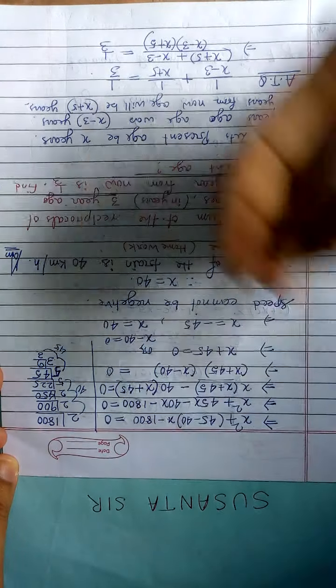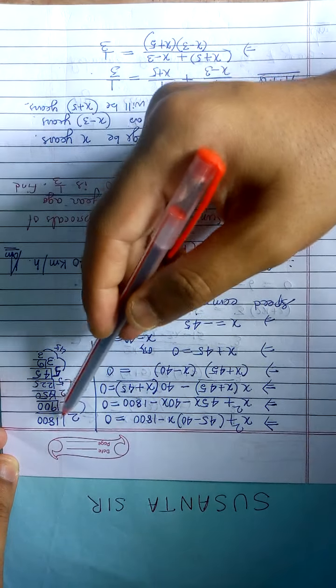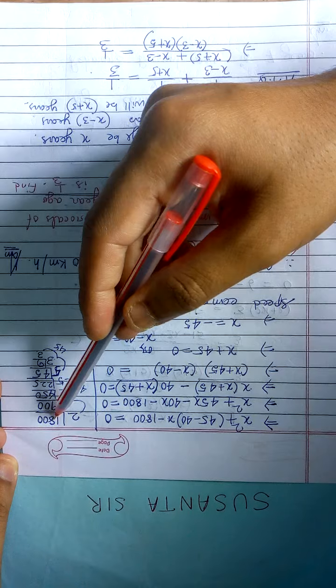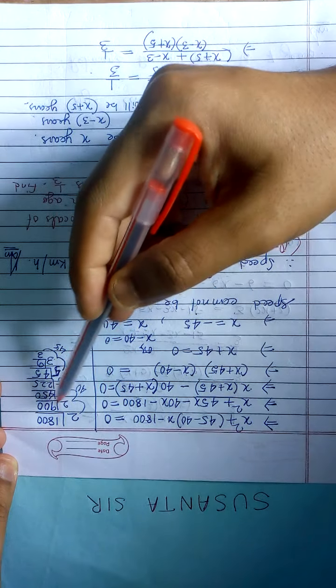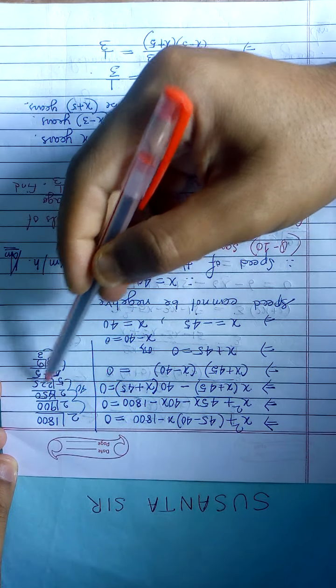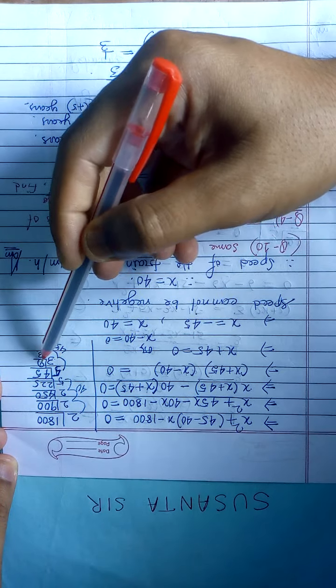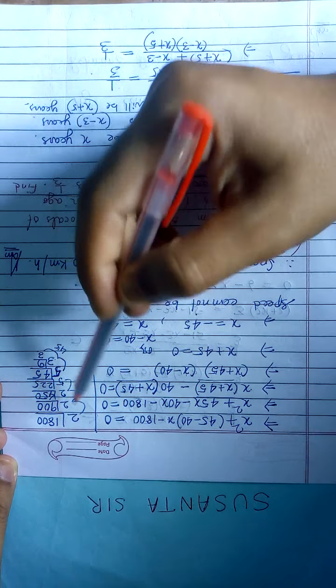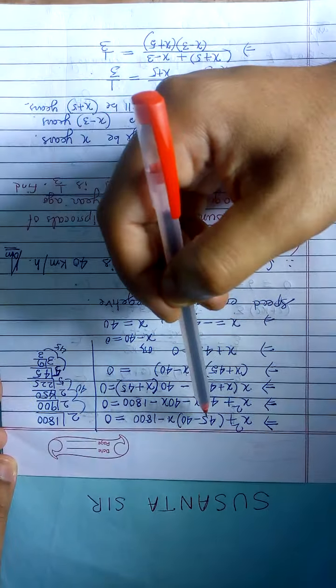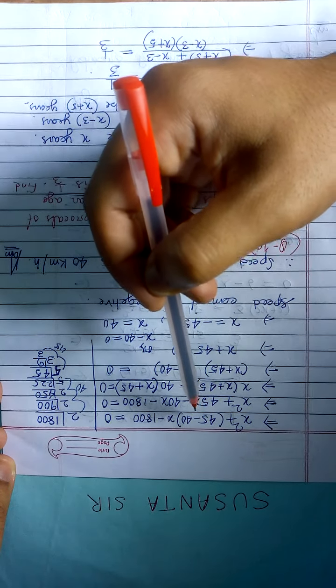x square plus 5x minus 1800. You have to factorize 1800. If you factorize 1800: by 2 900, by 2 450, by 2 225, by 5 45, by 5 9, by 3 3. Using the factors you have to find 5.